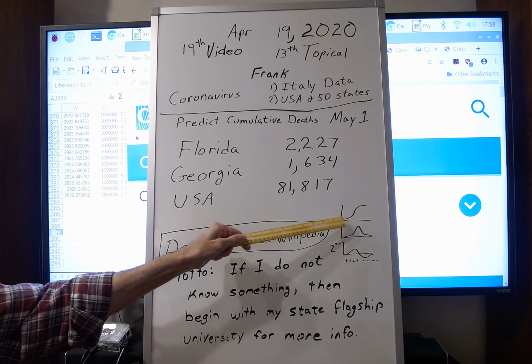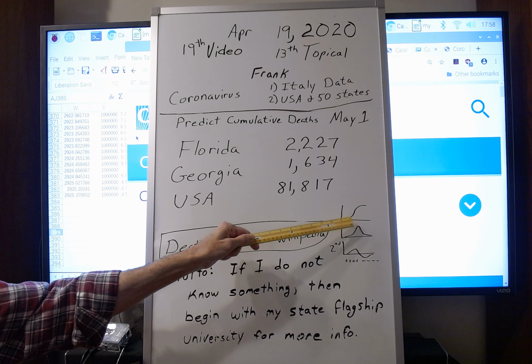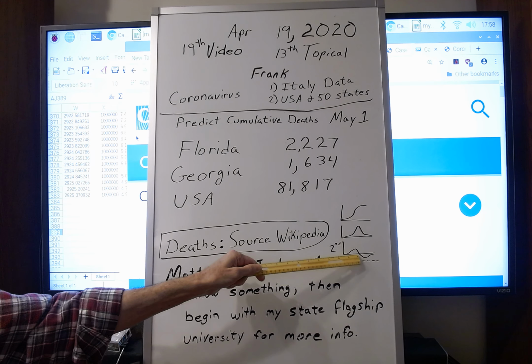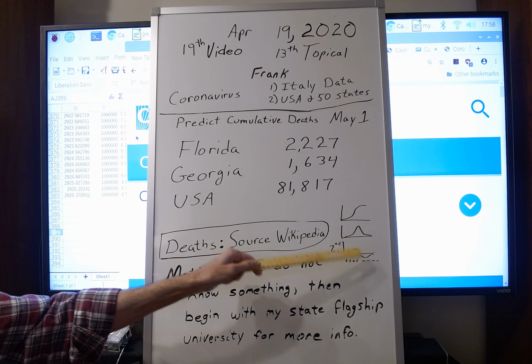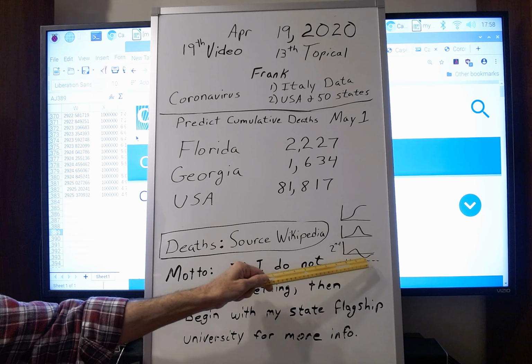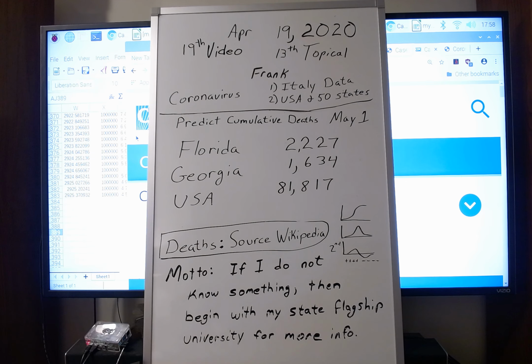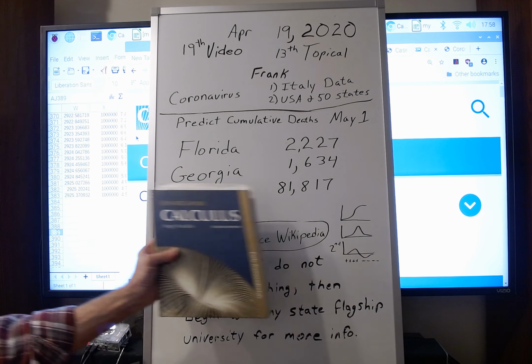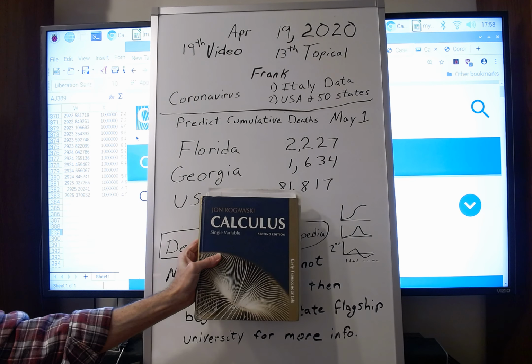The deaths are increasing at an increasing rate. When the second derivative goes negative, the deaths are still increasing, but they're increasing at a decreasing rate. And I think I've got a calculus book, just look at a calculus book for a little more information on that second derivative.